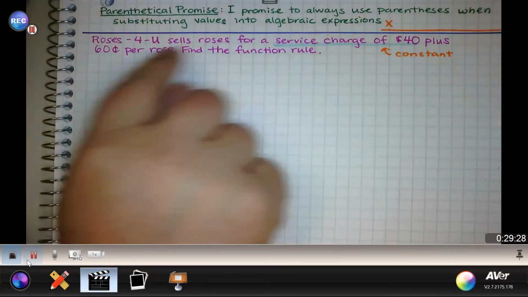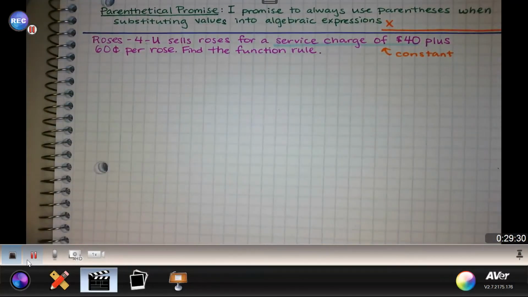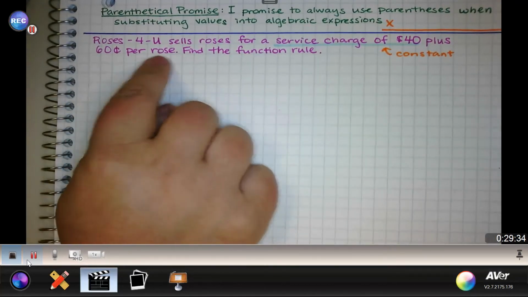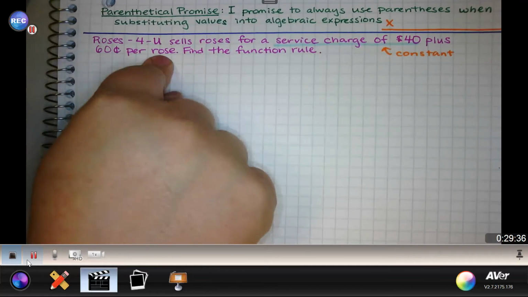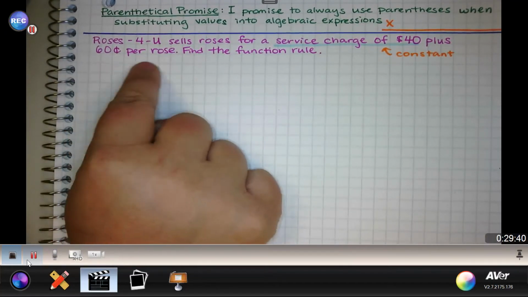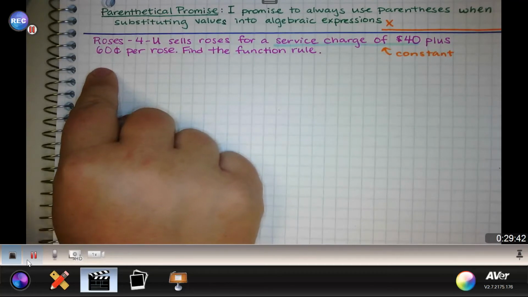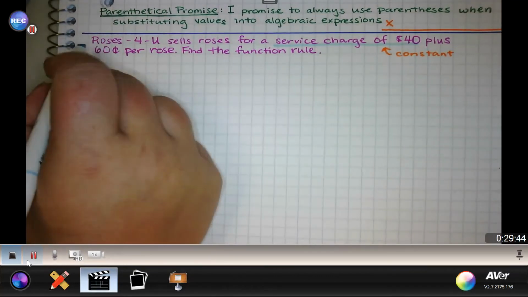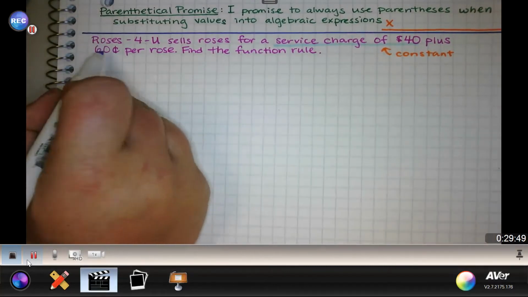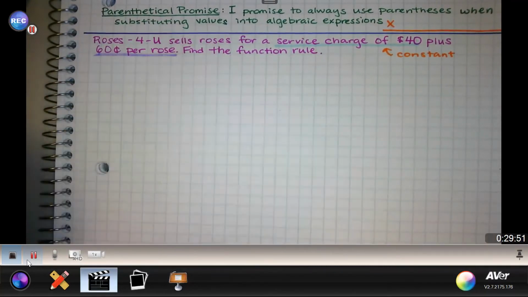Then it says plus 60 cents per rose. Well, the 60 cents doesn't change, but that amount will change depending on how many roses you buy, right? Again, if you buy one rose, then it's just 60 cents. If you buy 100 roses, then that would be $60, okay? So then this one, sorry, I wanted to do it in a different color. This will change depending on how many roses, right?